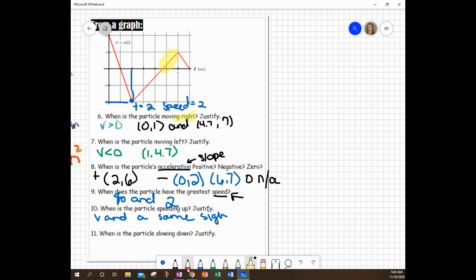So it has the same sign. So I would say from 4.7 to 6. And when are they both negative? Well, right here, they're both below the x-axis and it is going down. So from 1 to 2.